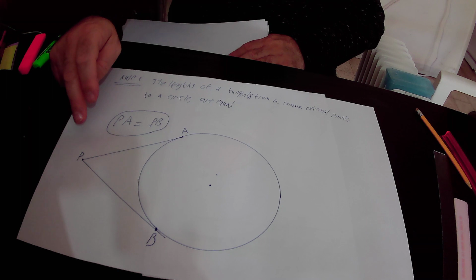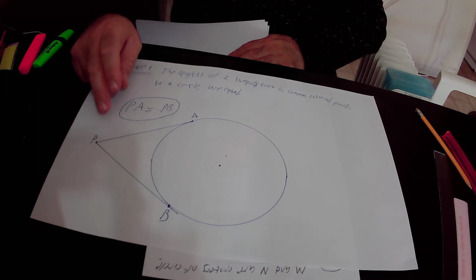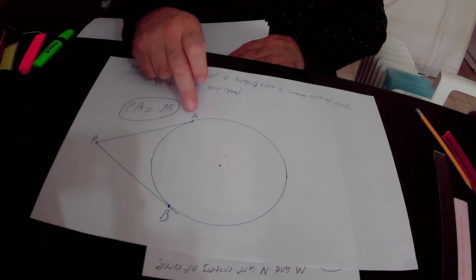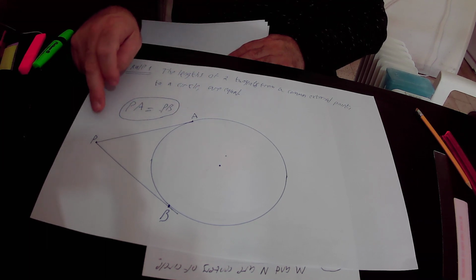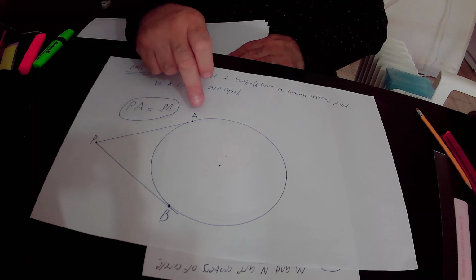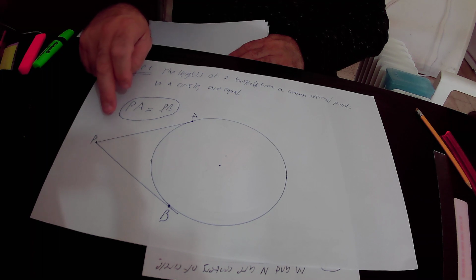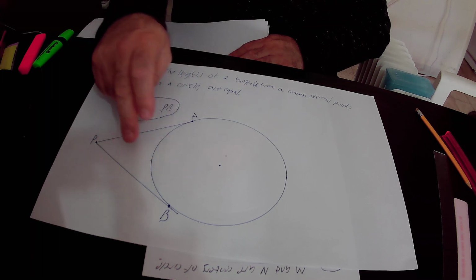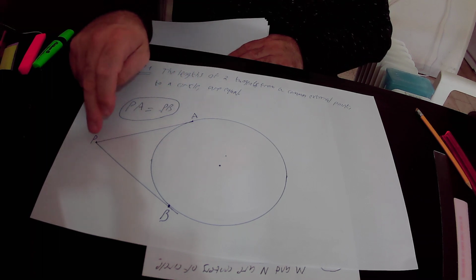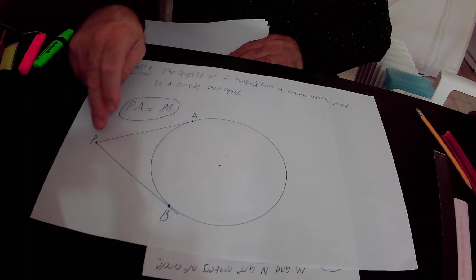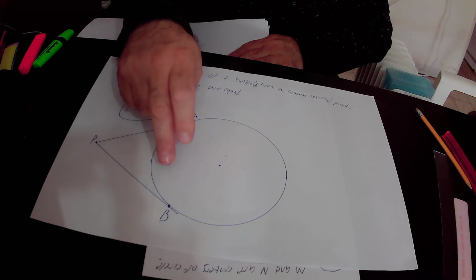So if from the external point P we draw two tangents to this circle, the first tangent is tangent PA, A is the point of tangency of the first tangent with the circle, and we also draw the second tangent, that is tangent PB. B is the point of tangency of this tangent with this circle.